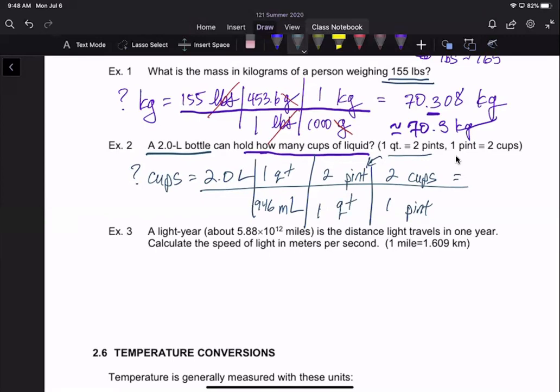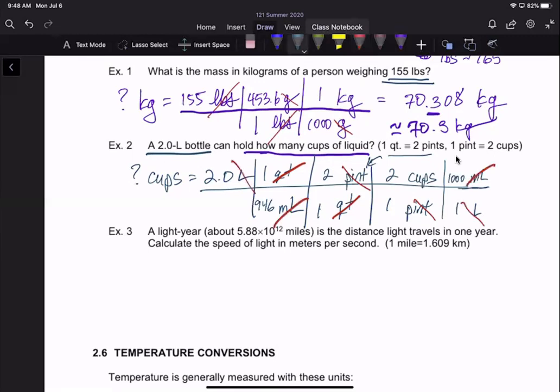That can't be right. I have one more conversion to do. And that is here. I didn't cancel my units. Quarts, pints. But here I've got that milliliters, liters mismatch. And my answer kind of told me that. So let's see, I need to get rid of milliliters on top and cancel those with liters on the bottom. Here we go. Now I can cancel that with that and that with that.